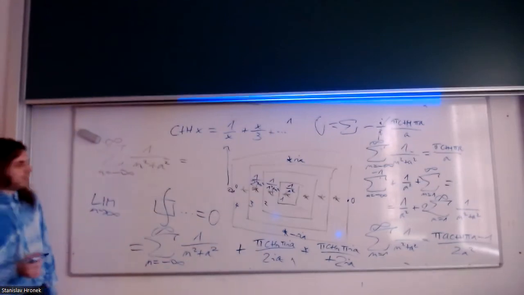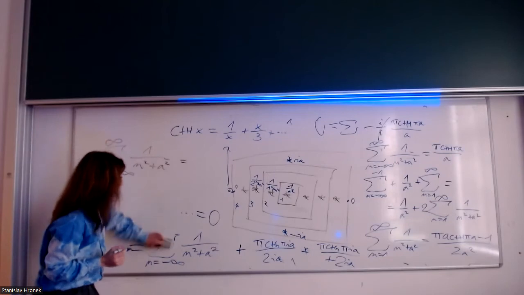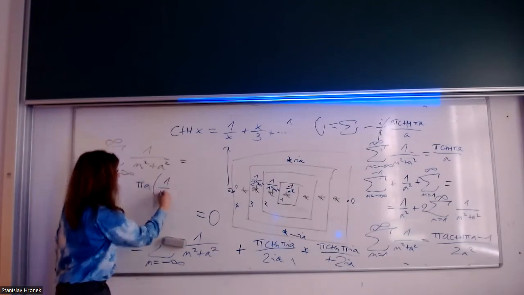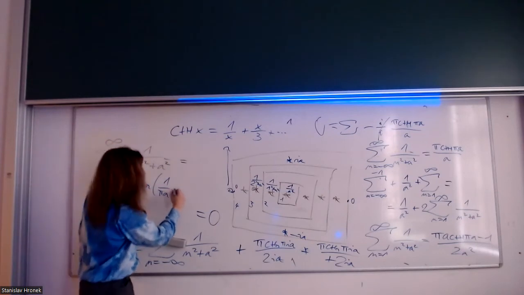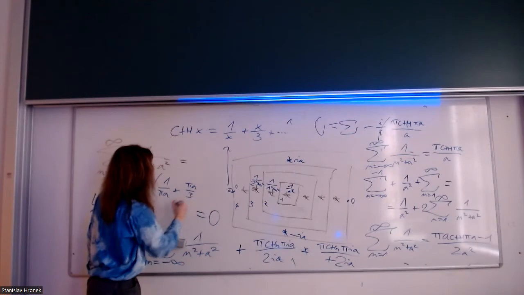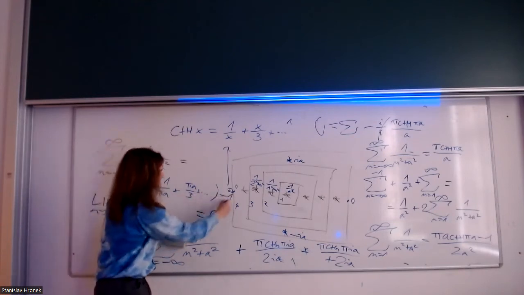So what will happen now is that we get rid of this, we get pi a times 1 over pi a plus this term, which is pi a over 3, and so on, but we don't care, minus 1.